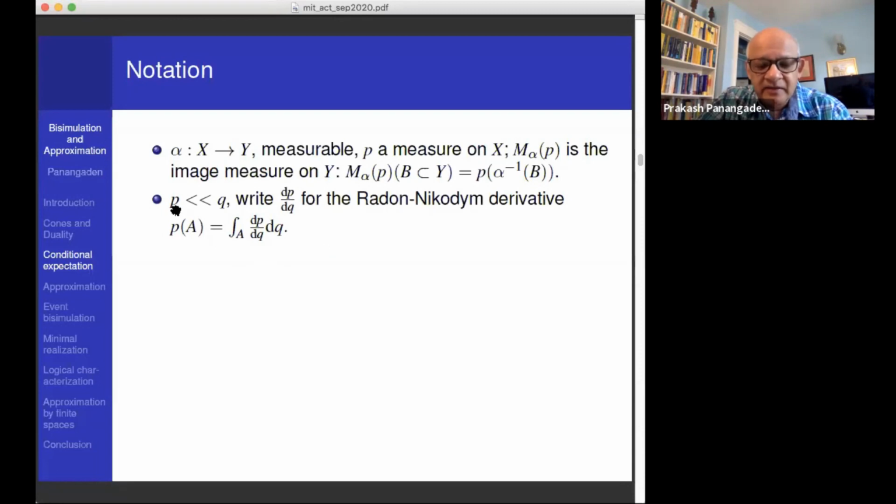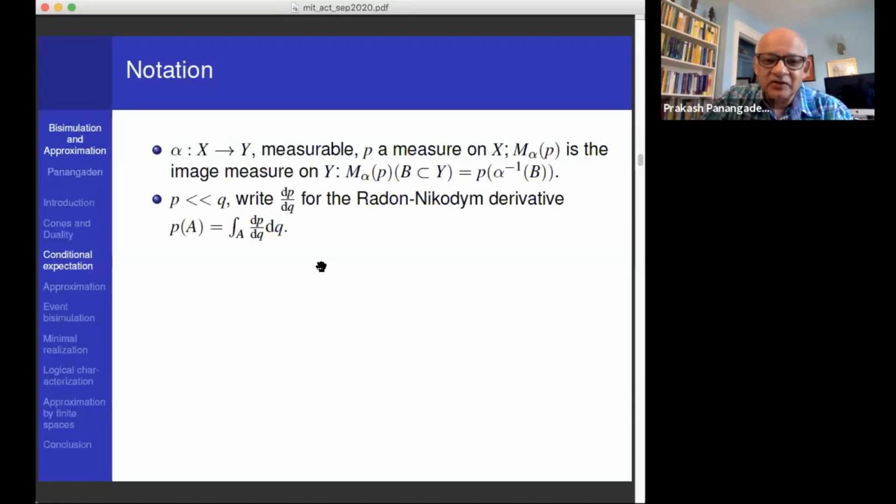Whenever you have a pair of absolutely continuous measures, so P is absolutely continuous with respect to Q, which means every time Q assigns 0 to a set, so does P, you have a theorem called the Radon-Nikodym theorem, which says the measure computed by P can be computed by doing this integral over Q. The unique measurable function that mediates this integral is called the Radon-Nikodym derivative, which I will use old-fashioned derivative notation for.